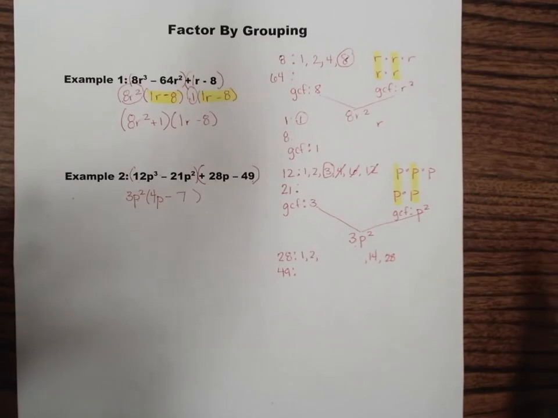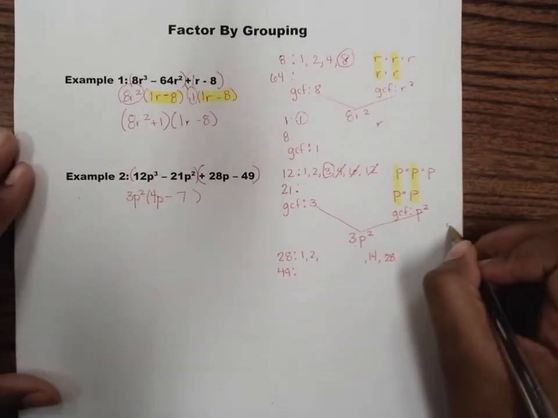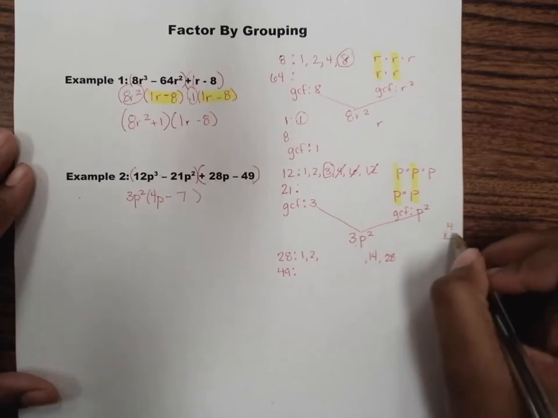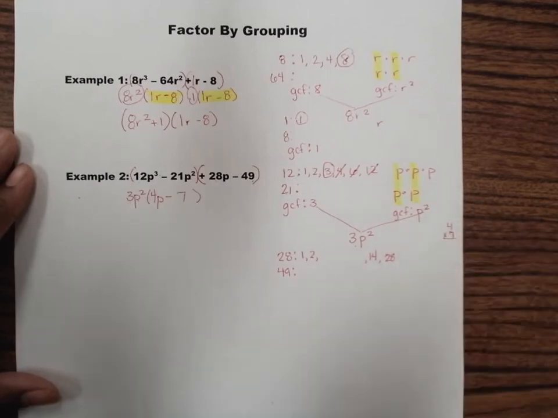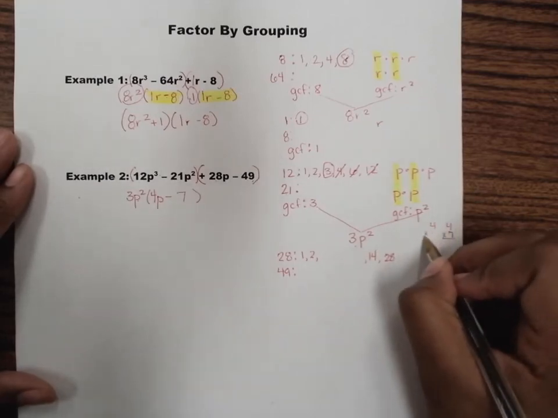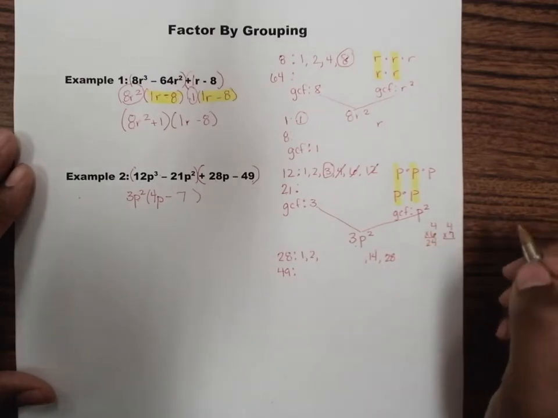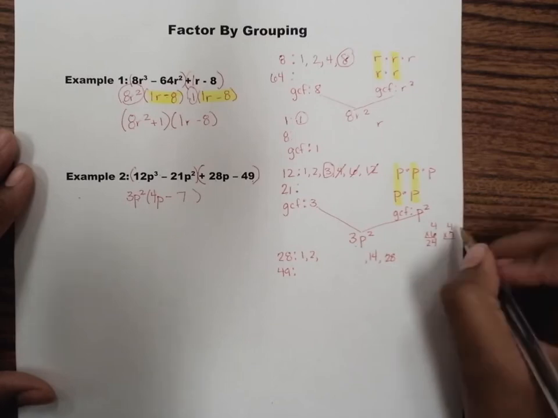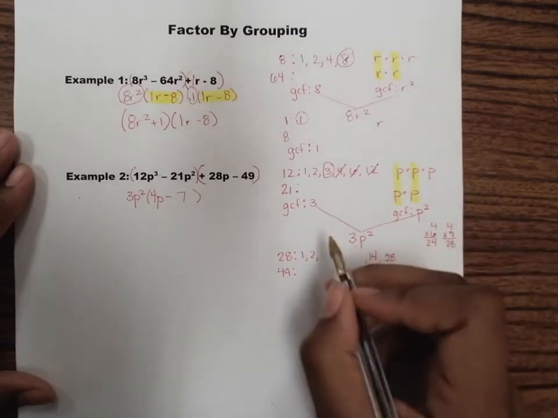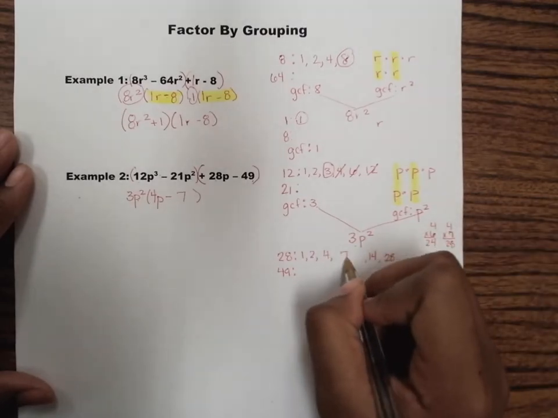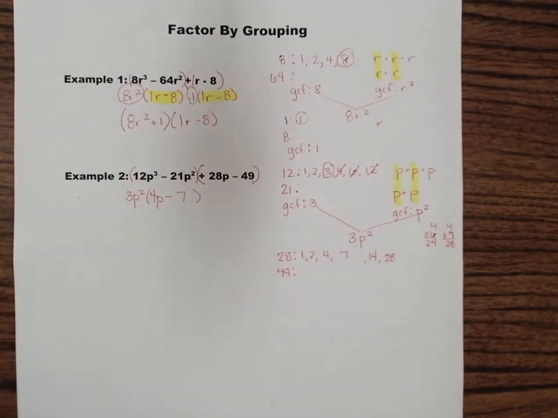And if you're still not sure, this is for you guys that are not sure about your multiplication. You come over here, say 4 times what? I'm going to test 7 because I know 4 times 6 is 24. So 4 times 7, if I added 4, that would be 28. So I know I have 4 and I have 7. And those are all my factors of 28.